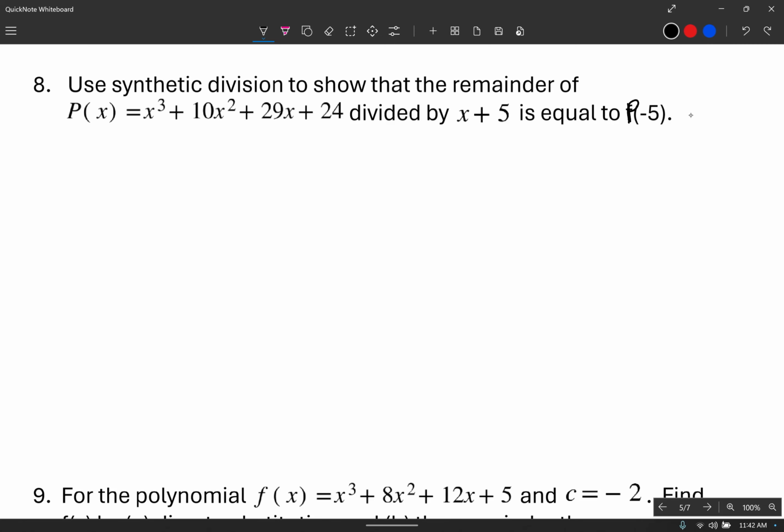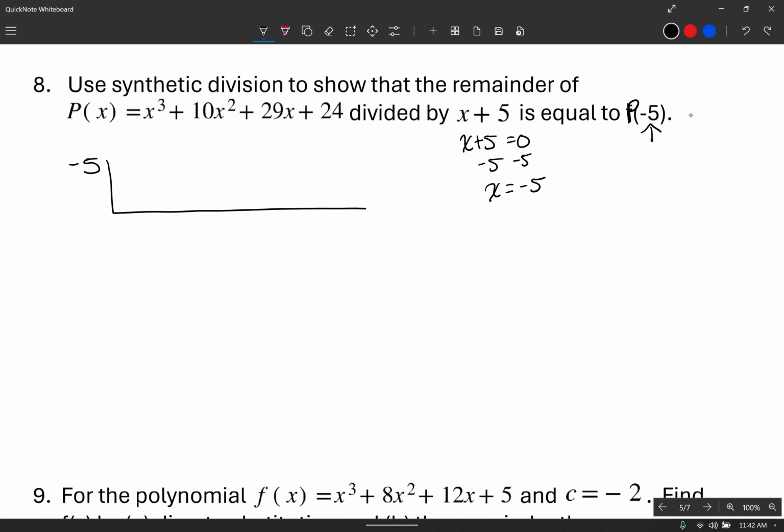So if I took x plus 5, set that equal to 0, and solved, I would have x equals negative 5. That's why they're saying if I plug negative 5 in, I'm going to get what the remainder is. Okay? So we're going to put the negative 5 on the outside of the box.